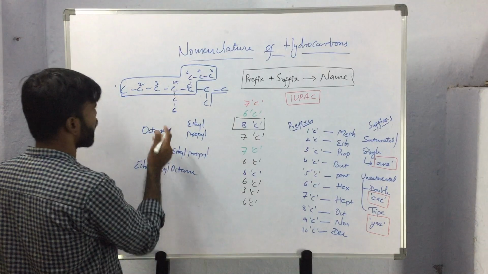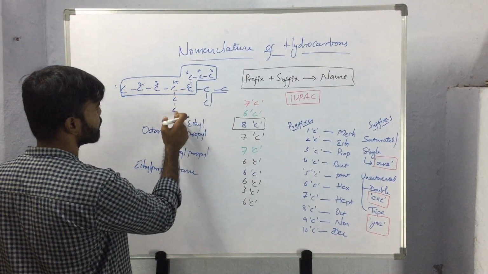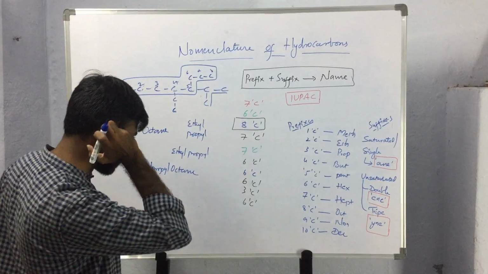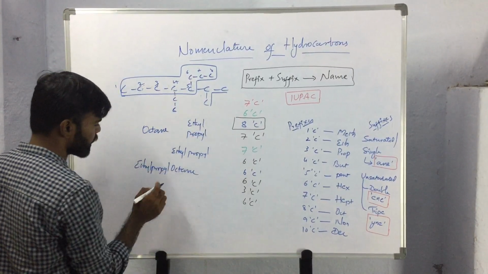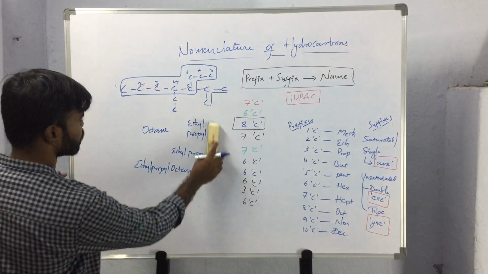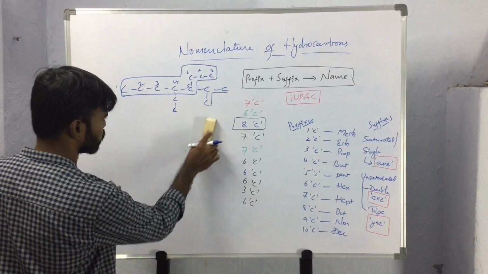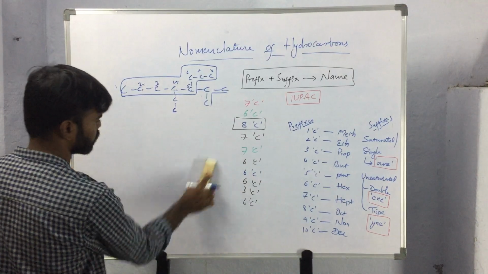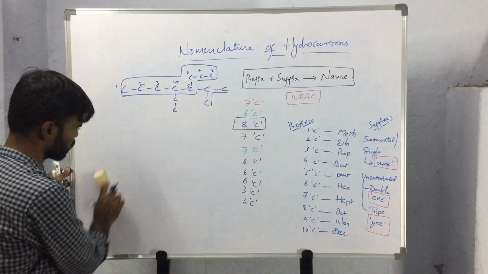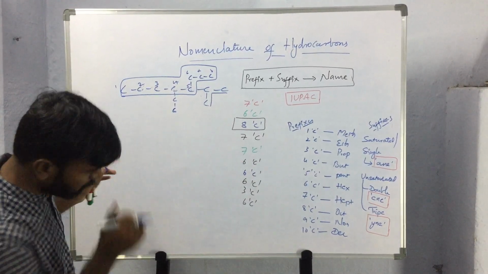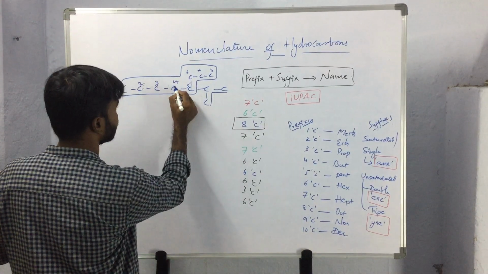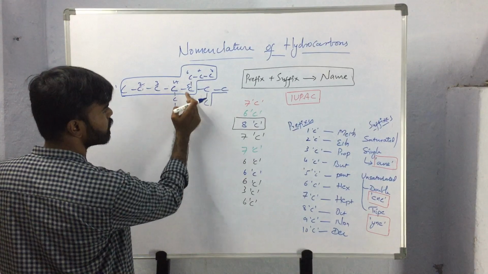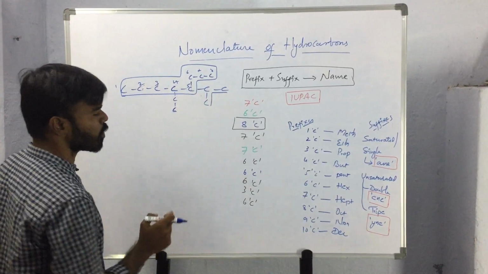So either 4-ethyl, 5-propyl, octane, or the other way. Here the fourth carbon atom is having the ethyl substituent, and the fifth carbon atom is having the propyl substituent.